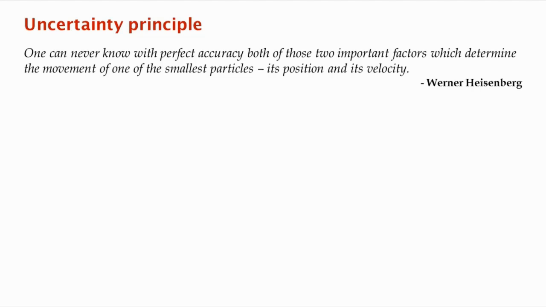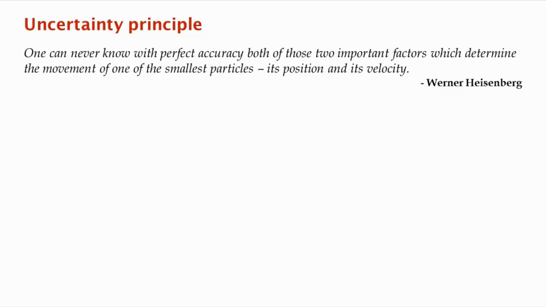What we were trying to do was pin down the position of the electron, whether it went through slit 1 or slit 2. And in our attempt to figure out which slit, we were giving it enough of a kick, changing its velocity or its momentum sufficiently, so that it destroyed the interference pattern.